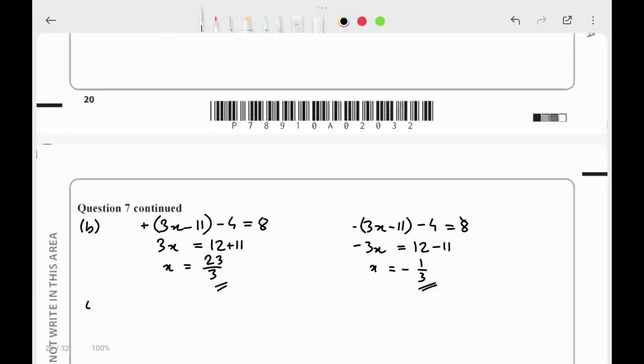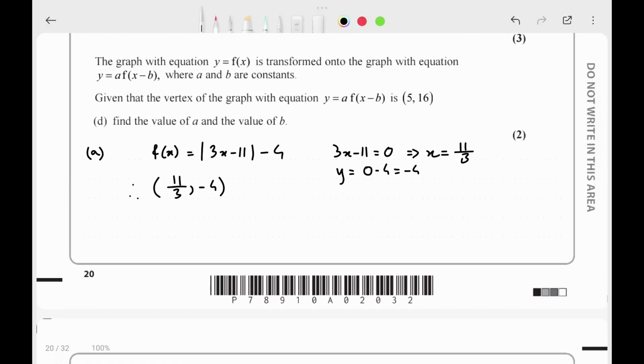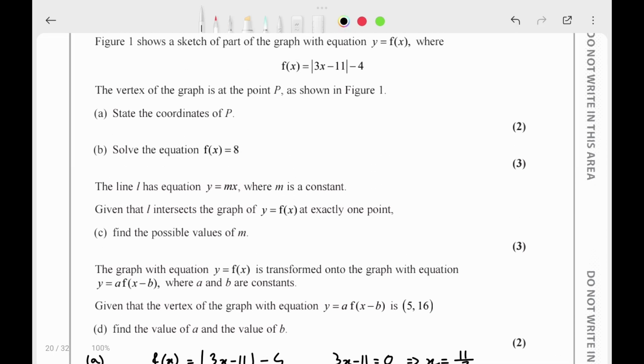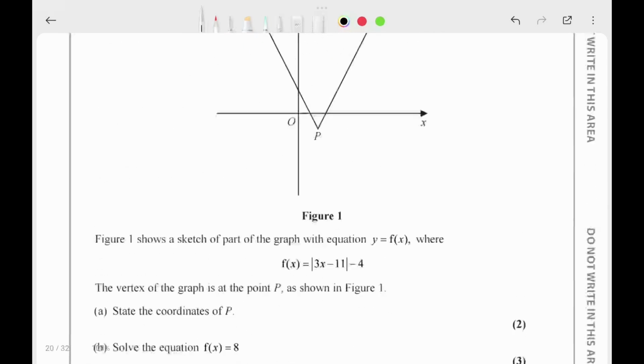Moving on to part C. Okay, so for part C, the line L has equation y is equal to mx, where m is a constant. Given that L intersects the graph of y is equal to f of x at exactly 1 point, find the possible values of m.